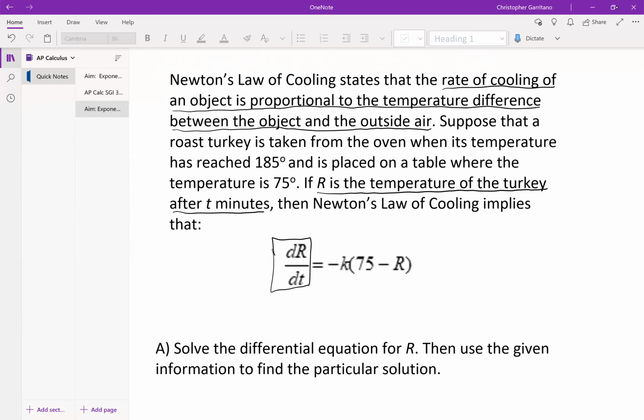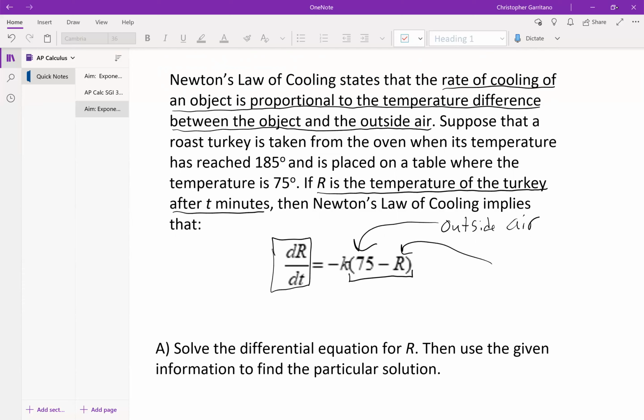So that's the rate of cooling, and it is proportional to the temperature difference between the object and the outside air. So this right here is the outside air.